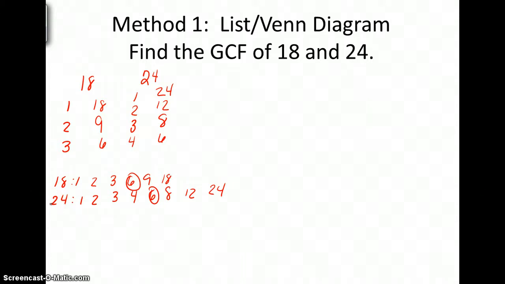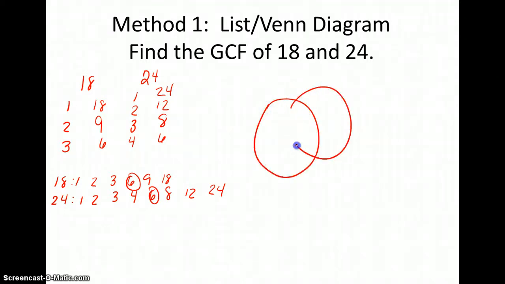Creating a Venn diagram is very similar. I would list the factors of 18 and 24, and then look at both lists and see what they have in common.